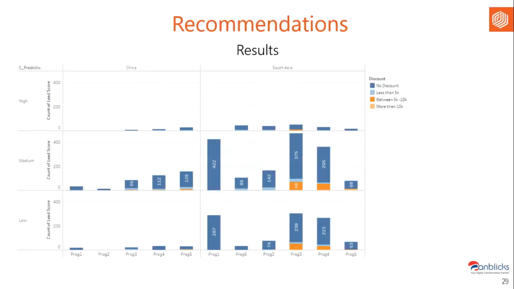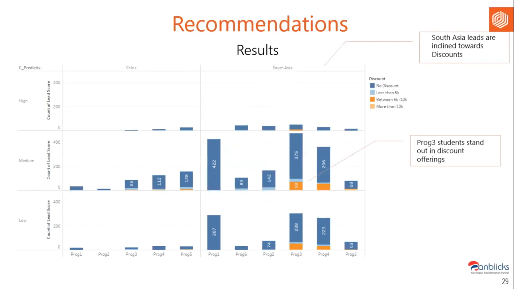Dark blue represents no discount, light blue represents less than 5K, dark orange represents between 5K to 10K, and light orange represents more than 10K. And clearly it is visible here that China is less price sensitive than South Asia. Most of the leads have converted without discounts, but program number 3 and program number 4 in the South Asia region have enjoyed a certain amount of discount.